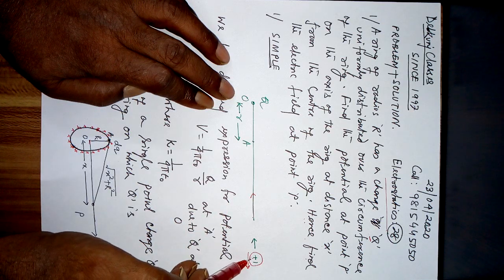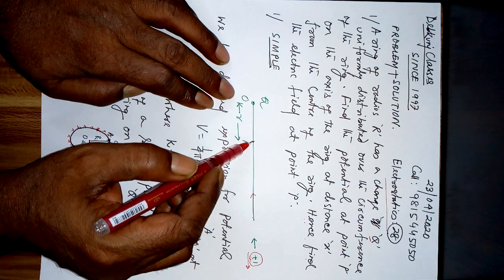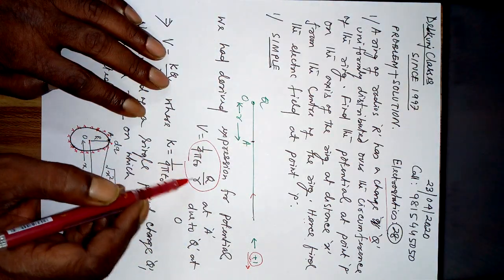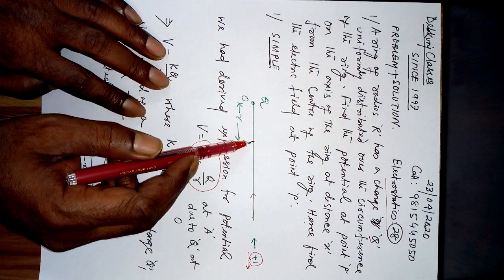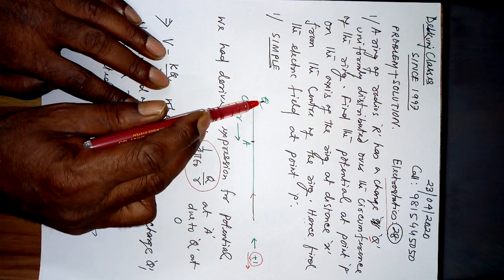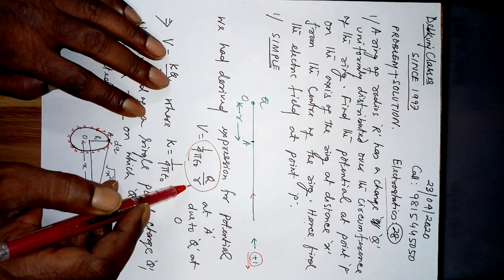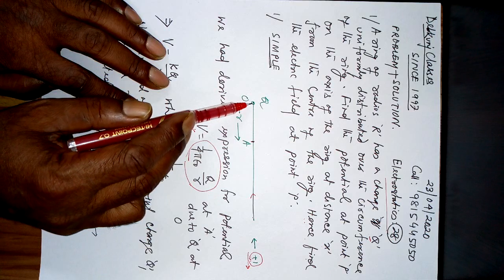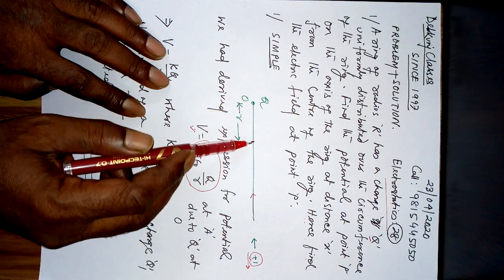By bringing this test charge from infinity to this point, the amount of work done was this much, where r is the distance from O to A, that is the distance from the charge capital Q. So this was the amount of work done, and this was called the electric potential. Symbol was V due to this charge capital Q at a point A, which is at a distance small r.